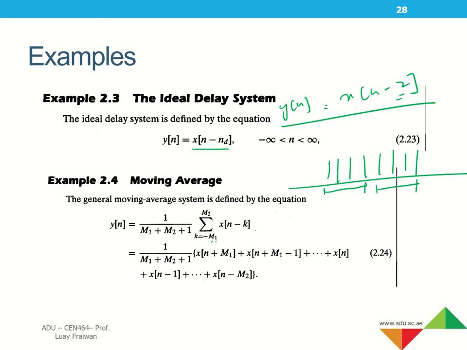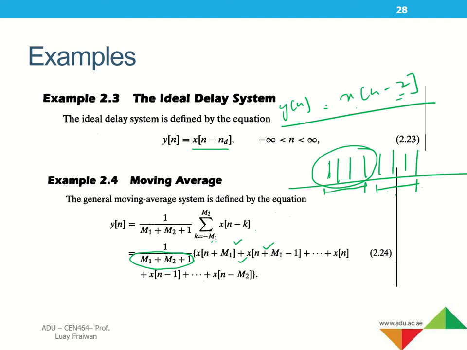This is called moving average. I will add these four and divide by the total number of terms, then shift by 1 and go on similarly. This is also an example of the discrete time difference equation representation.